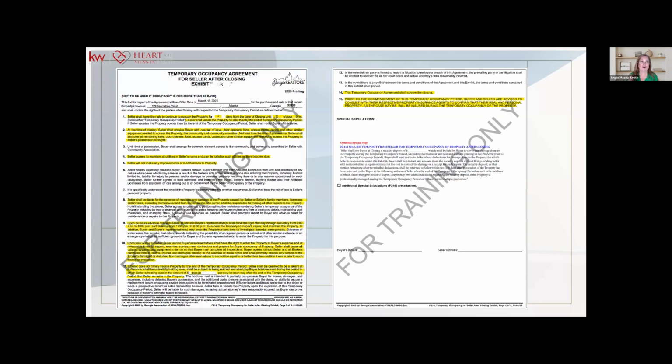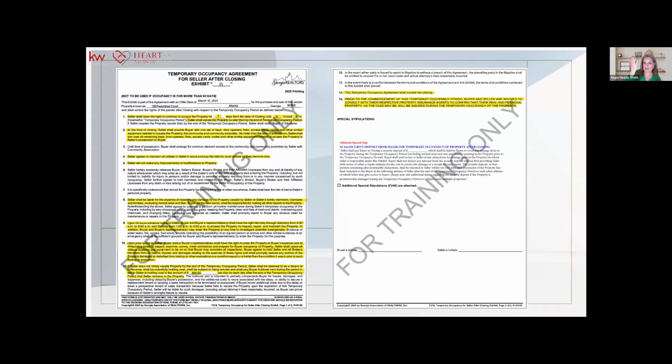It happens by far more often than problems occurring from somebody being allowed to move out for a few days. When you compare the number of times where someone isn't able to close at the 11th hour, or someone has agreed to move out and doesn't, even though they agreed to, and the buyer shows up to do the final walkthrough and the seller's halfway in, halfway out, there's crap everywhere, there's boxes everywhere, there's stuff in the garage, blah, blah, blah.